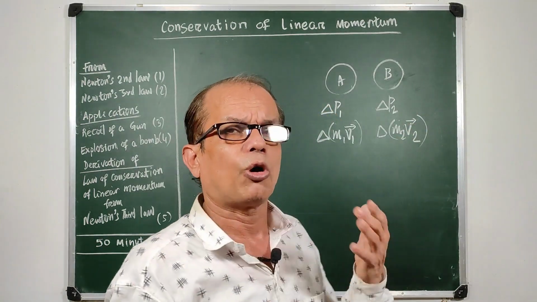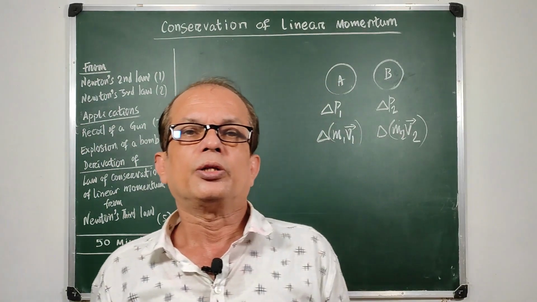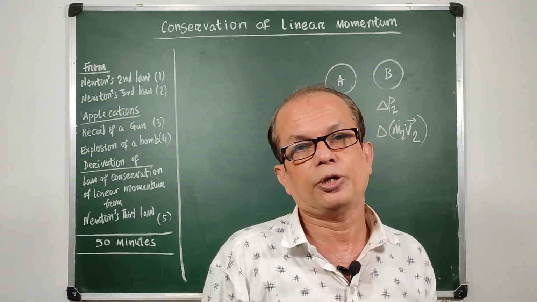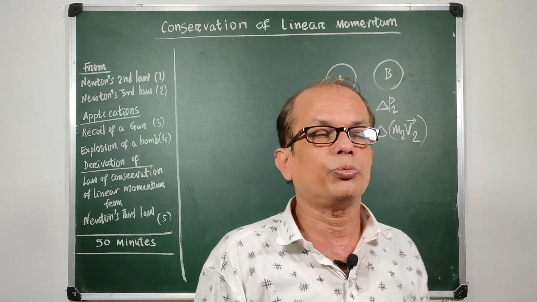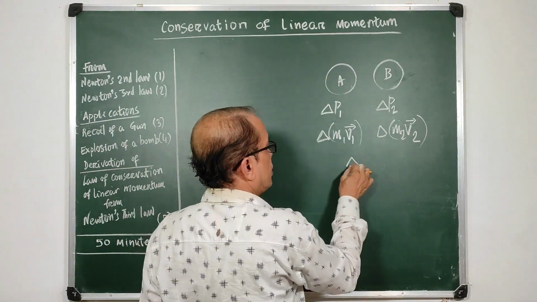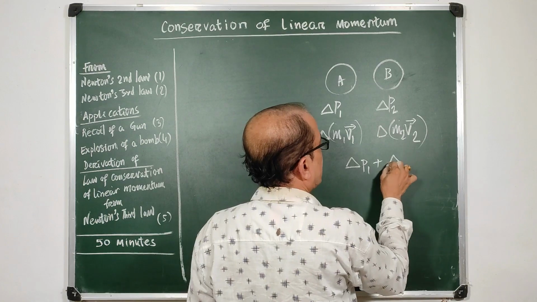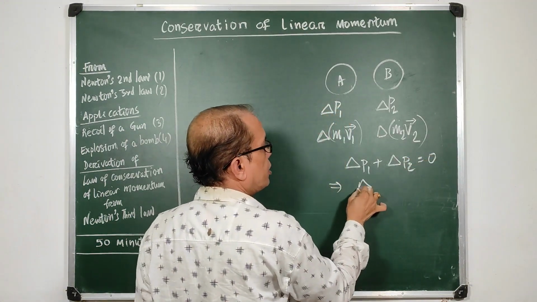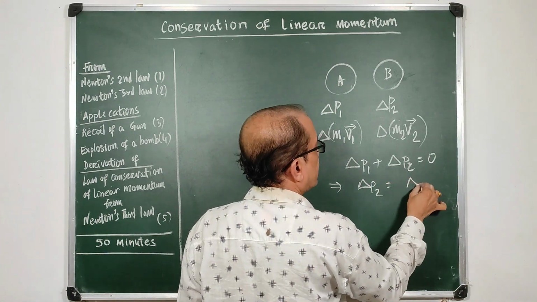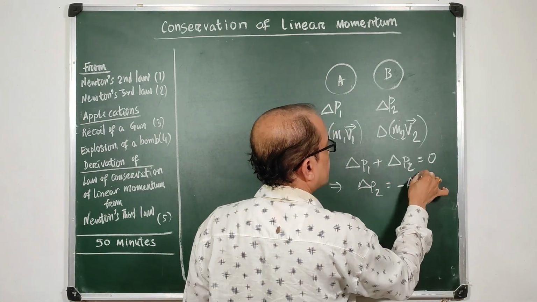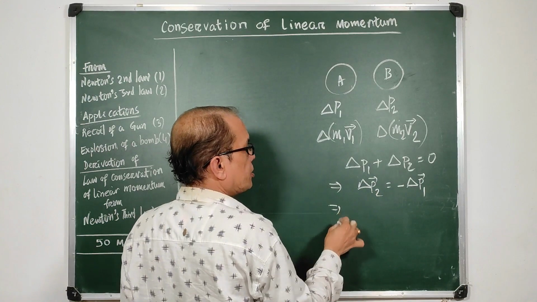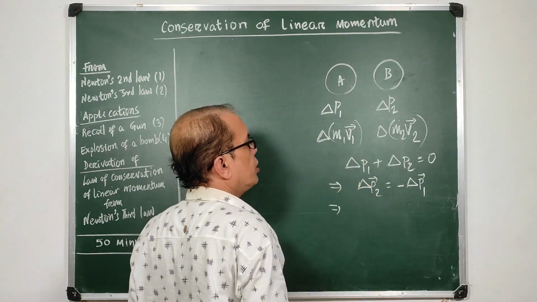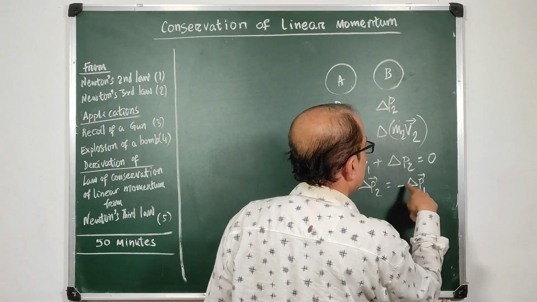Now, coming back to the statement, the algebraic sum of all the changes in momentum in an isolated system should be 0. So we can say that delta p1 plus delta p2 is 0. That means delta p2 is equal to negative delta p1. This is the change in momentum of the second body, and this is the change in momentum of the first body.